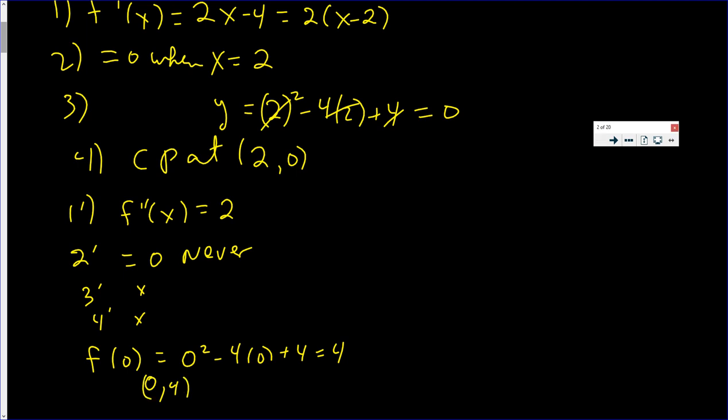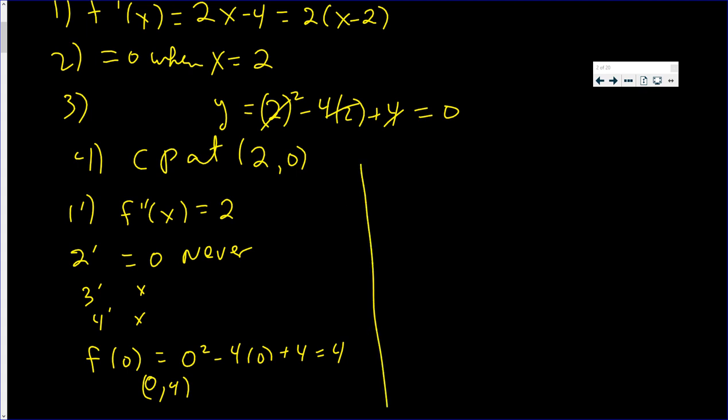Now we make up our table. So the first thing you do is you write down all the values that made the first derivative 0 and the second derivative 0, which is only 2.